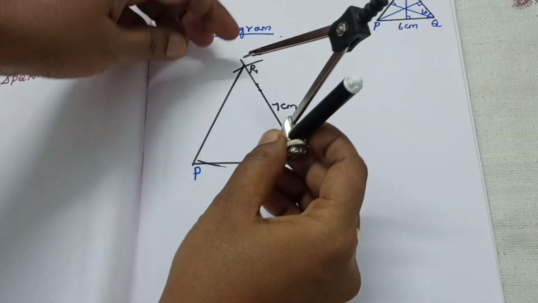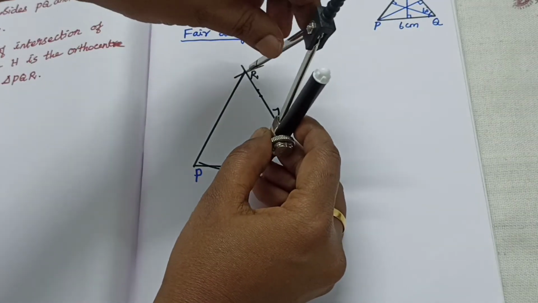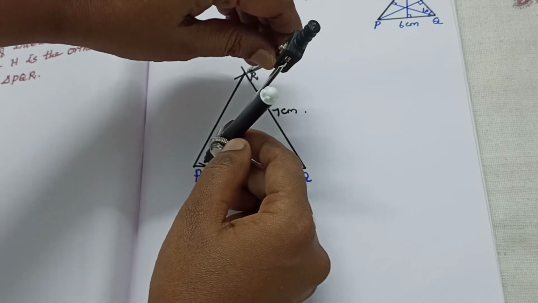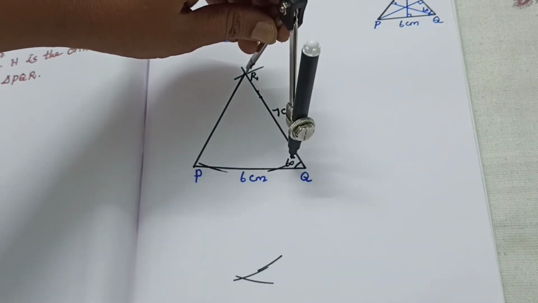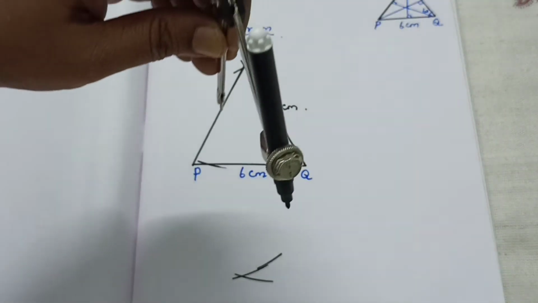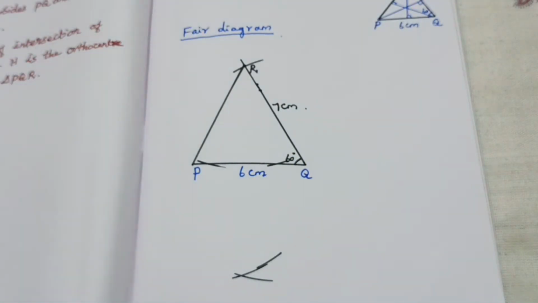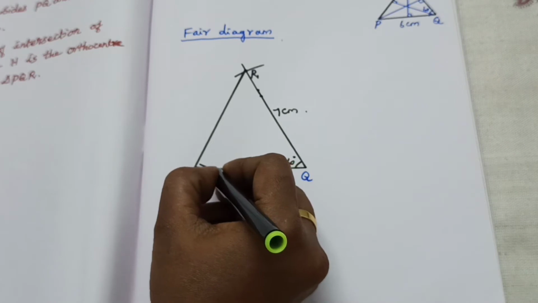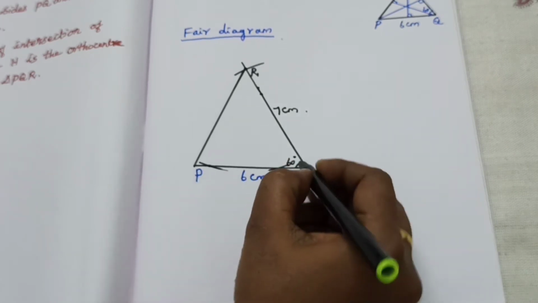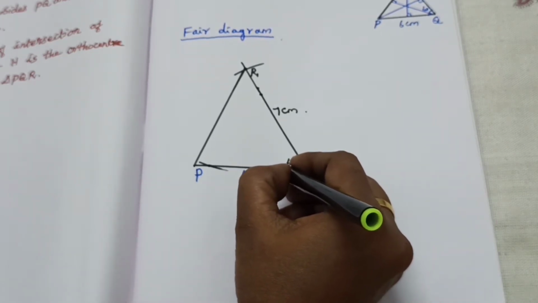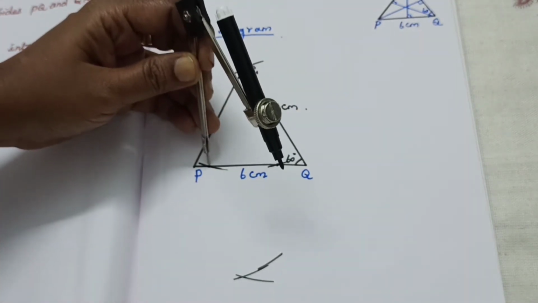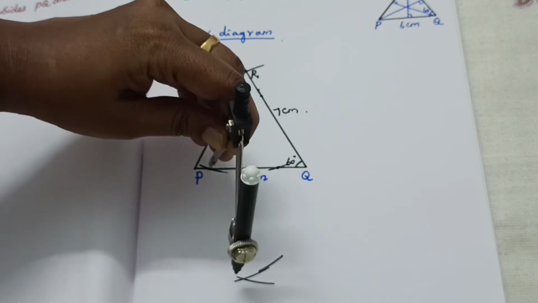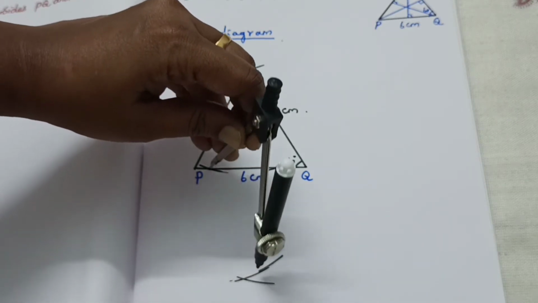How to draw the altitude? First vertex R, from vertex R, and then opposite side you have to draw two arc. Okay. This same measurement you keep it here. This is 2 dot have to mark here. From first arc you have to draw one arc here.